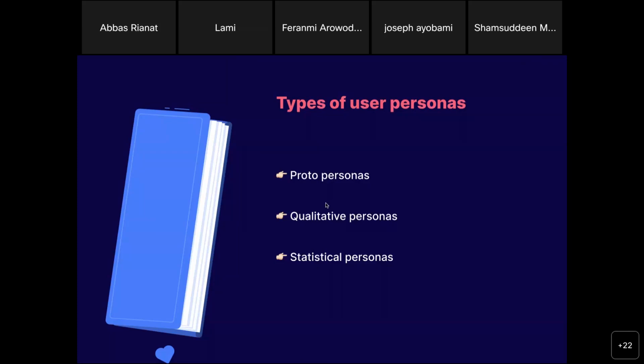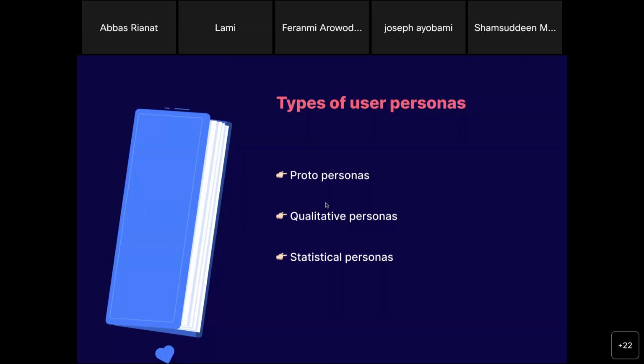If you go back to your board and sketch out your personas, that is a proto persona, because they are based on assumptions, not on raw facts or data. So we can call that proto personas: no research, based on assumptions.